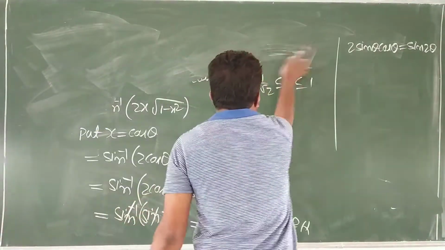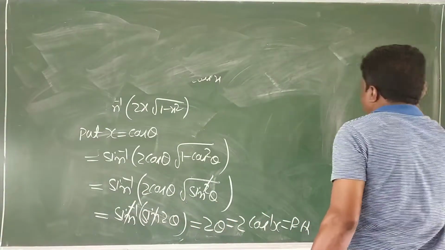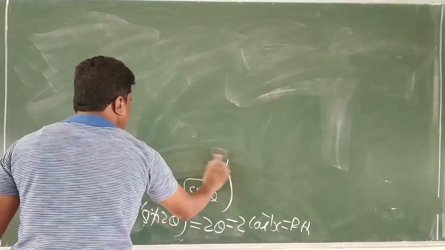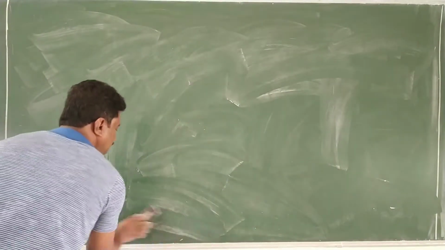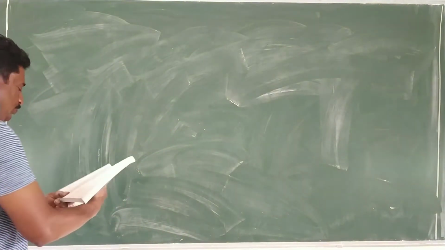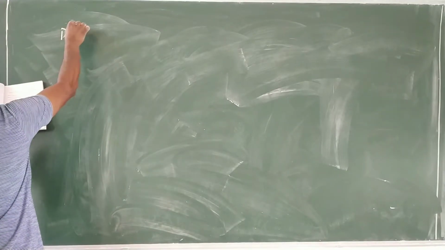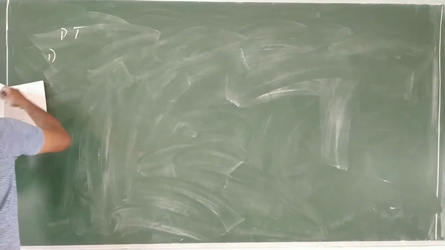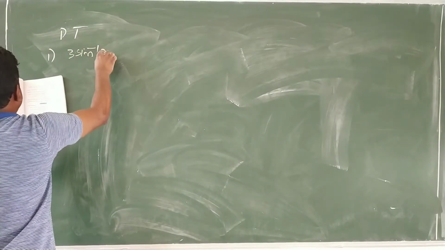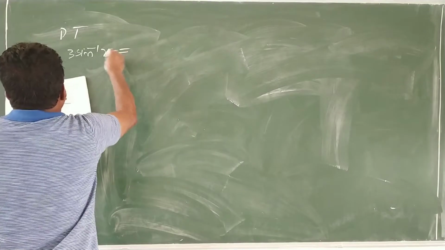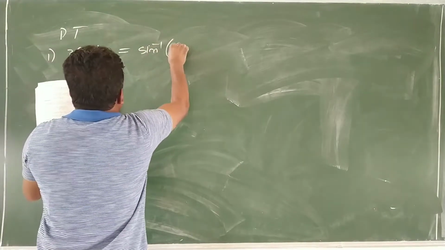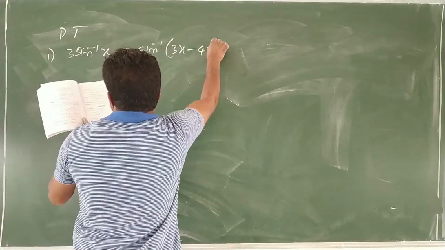Show that, prove that, first one: 3 sin inverse x is equal to sin inverse of 3x minus 4x cube.